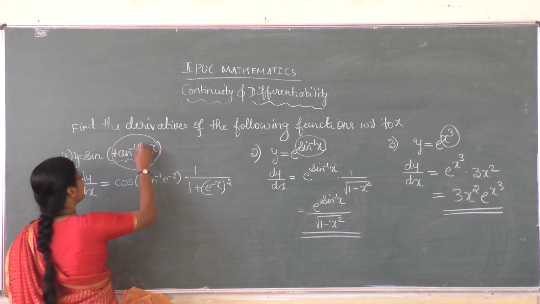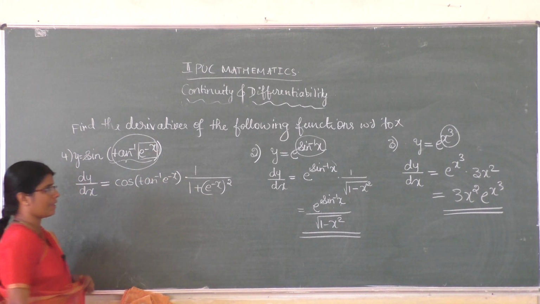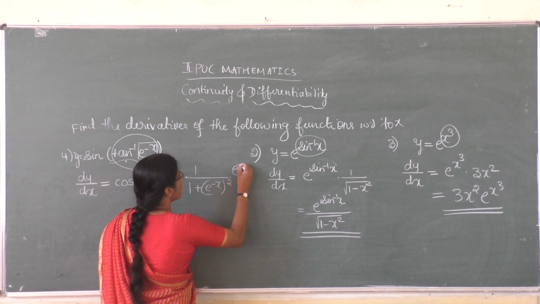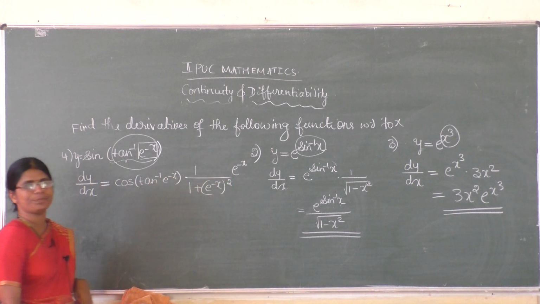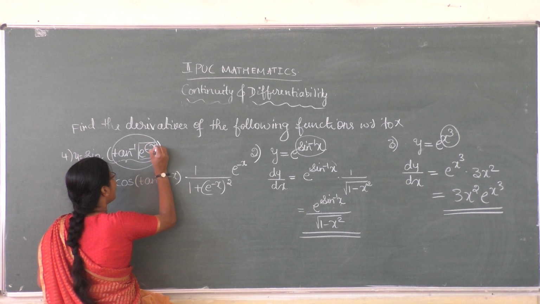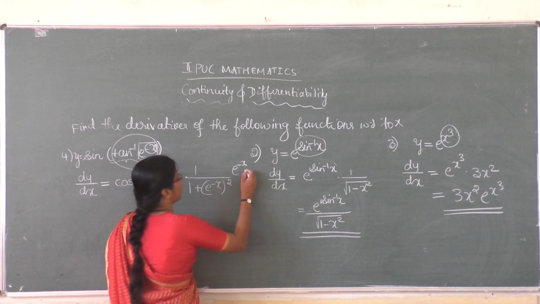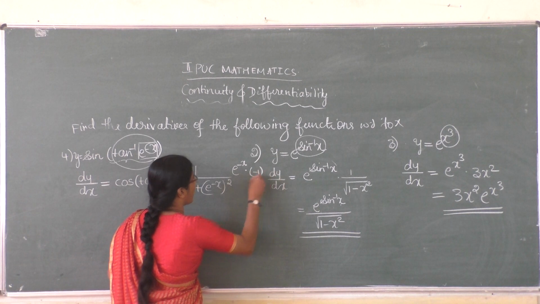Then you have to consider the derivative of e to the power minus x, that is e to the power minus x itself, okay. But now here you have minus x, so its derivative is minus 1, okay.